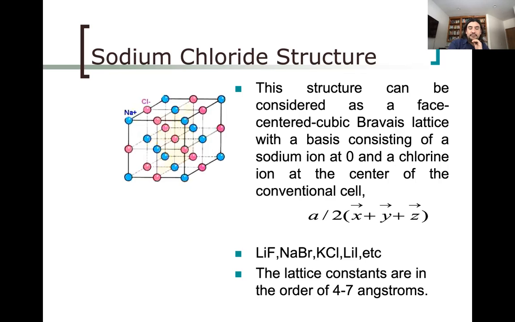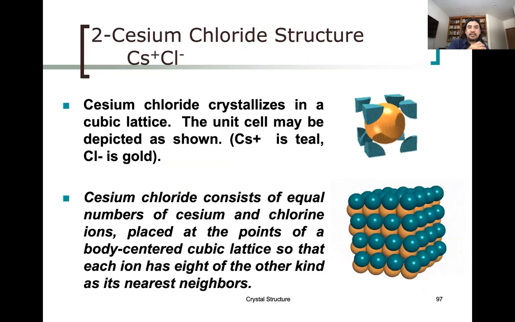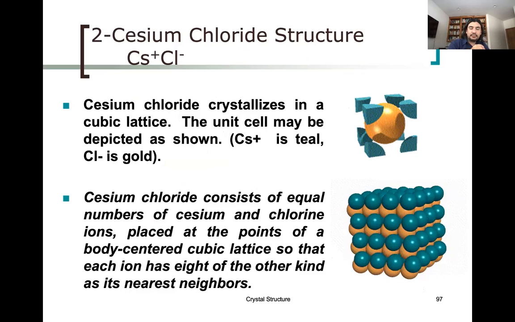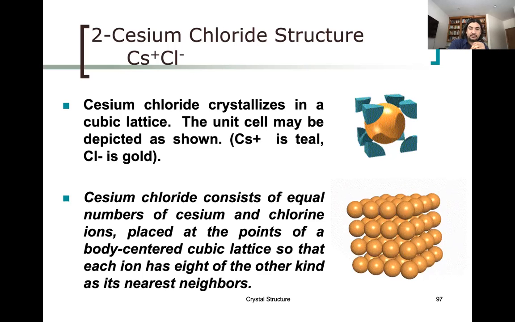Okay, thanks. Then another structure that is interesting is this one. This is cesium chloride. Again, cesium chloride is also a cubic lattice. And here you have cesium and chlorine in the same number, so it's a 1-to-1 ratio between the two.